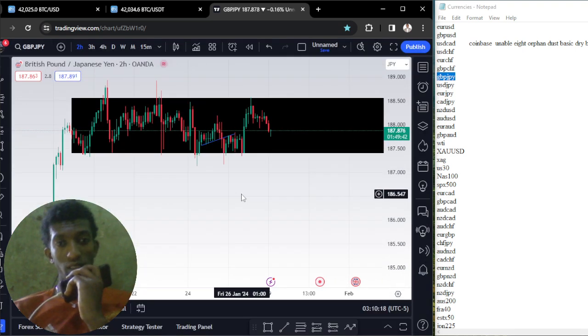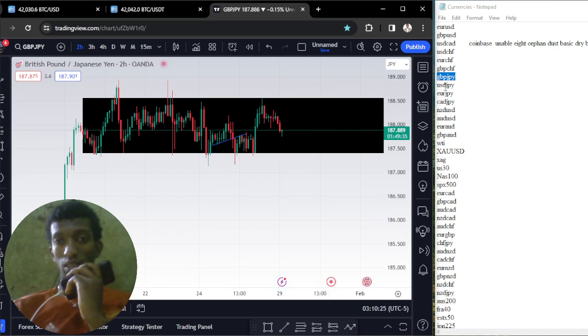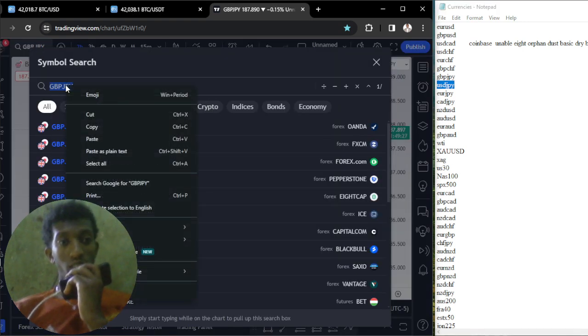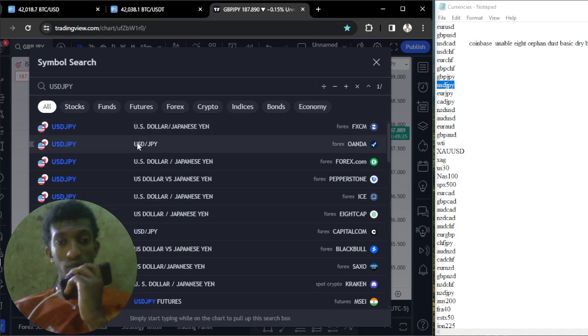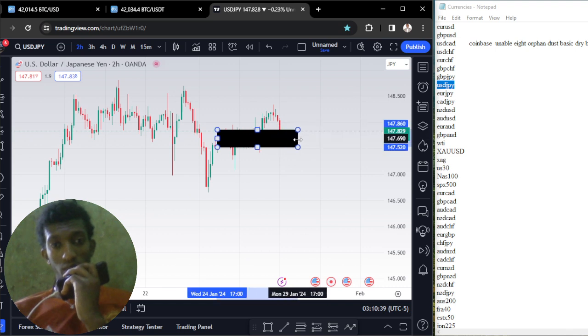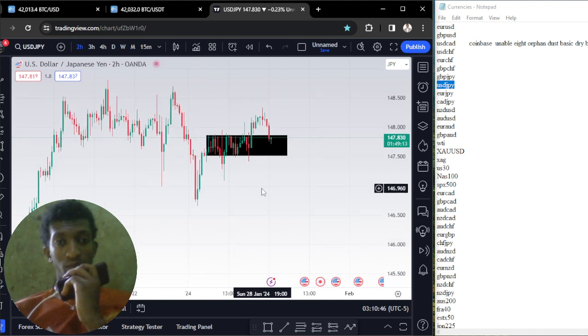And GJ, there is nothing, still consolidating this thing. When this thing breaks out of this, you will not catch it. But you want to be a part of this movement, right? When it breaks out, you want to be a part of that one. So you can see UJ, dollar yen, has found a support now, moving up. We had a great trade around here, after this third candle has formed, right?